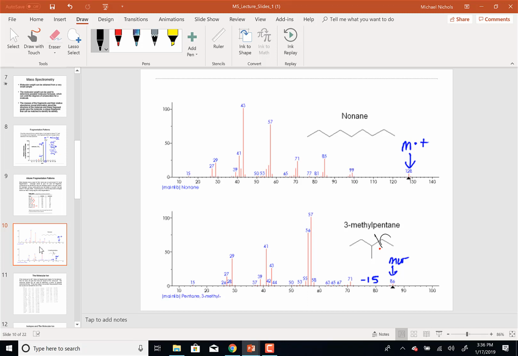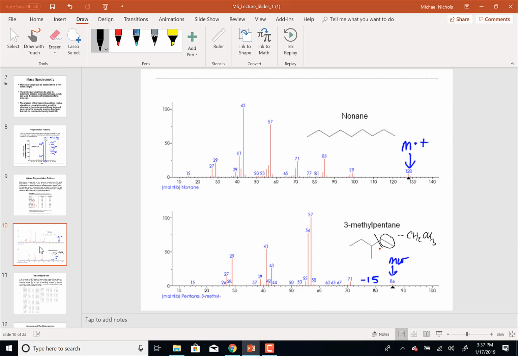And what I've done is I've lost a CH2CH3. How much does a CH2CH3 group weigh? Well, 2 carbons times 12, that's 24 plus how many? 5 hydrogens. So that's 29. So what's 86 minus 29? 57.